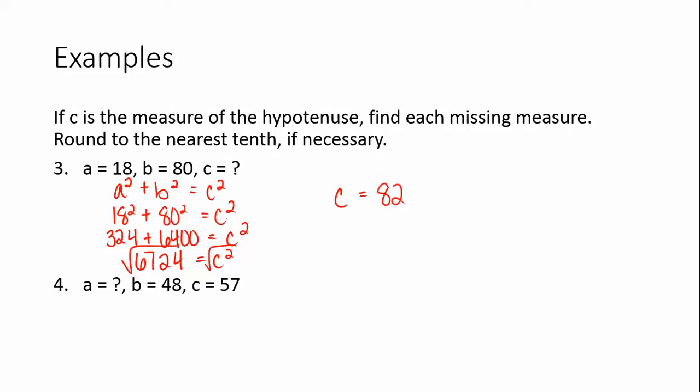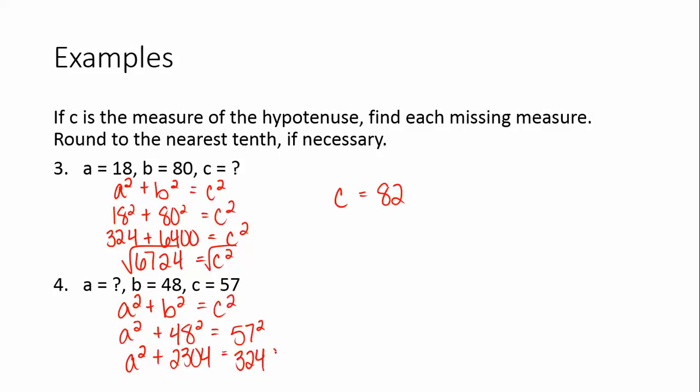Now in example 4, remember that the C is the hypotenuse, so now we don't know one of the lengths of the legs. So it's going to be a squared plus b squared equals c squared again. We don't know a squared, 48 is b and 57 is c. So that's a squared plus 48 squared, which is 2,304. 57 squared is 3,249.